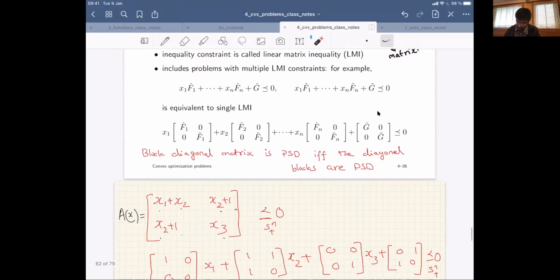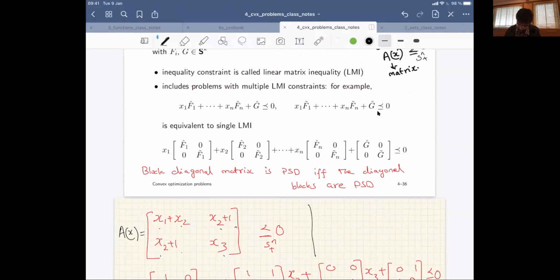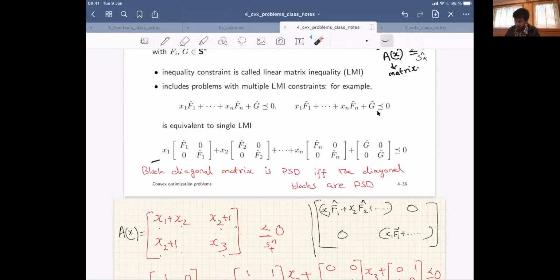So when you write this, you get x1 F1 plus x2 F2 plus and so on, then 0 0, then the same with x1 F tilde, and you are saying this is negative semi-definite.